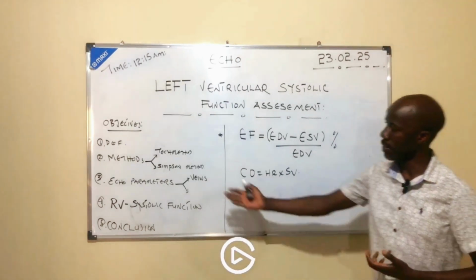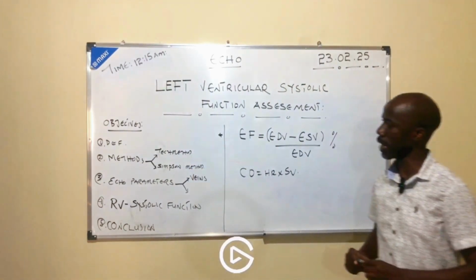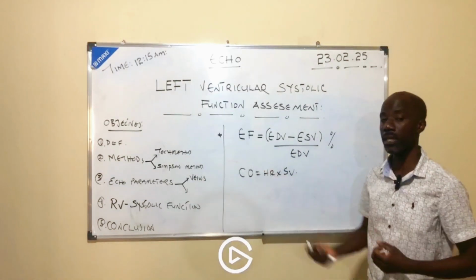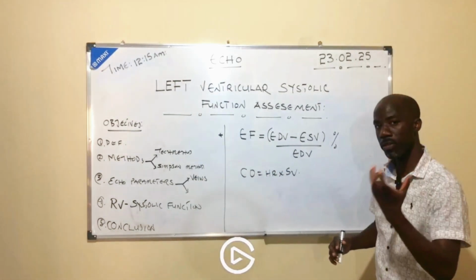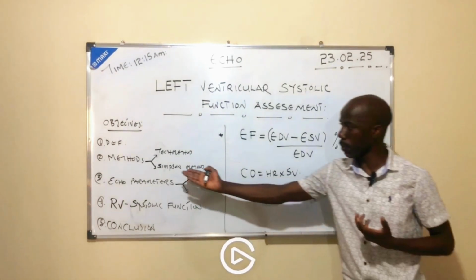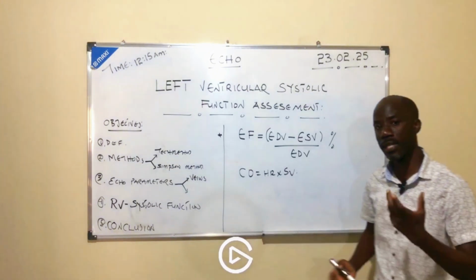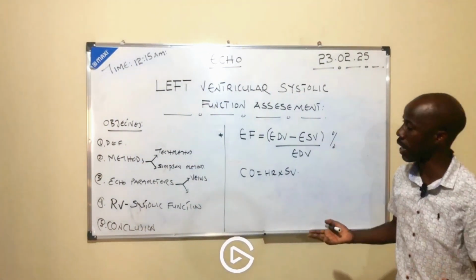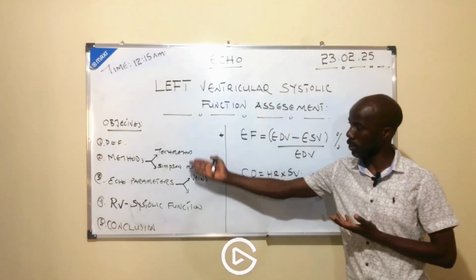And the second one is the type of method where we use the Simpson method. This has to take into consideration the volumetric aspect of the ventricle. And it also becomes very key when you have certain pathologies that may affect the myocardium of the heart, so that you cannot use the other one.